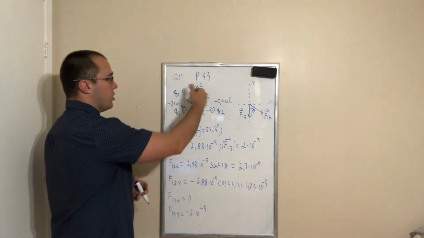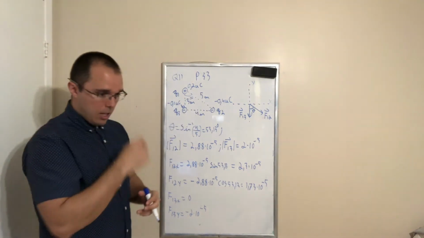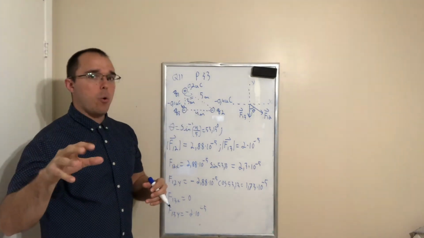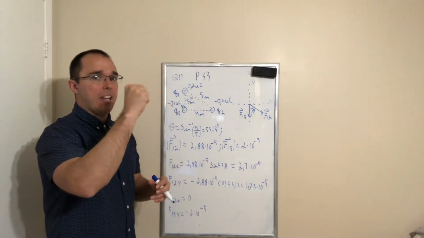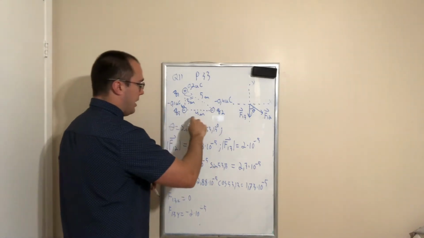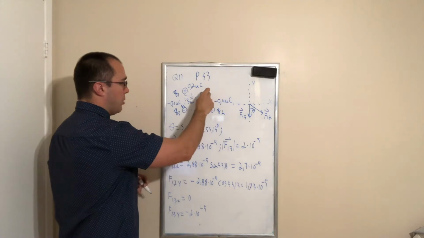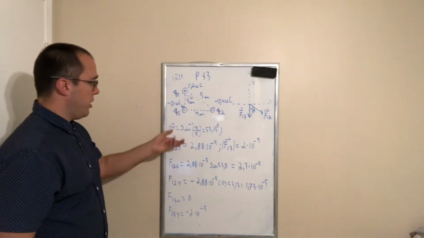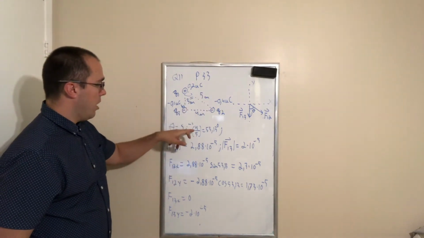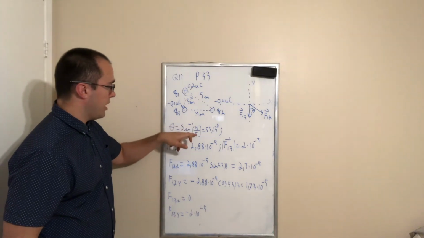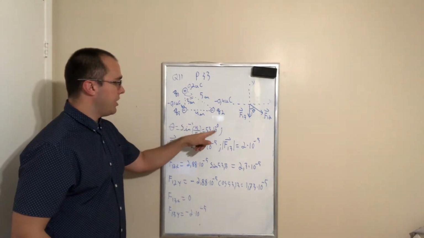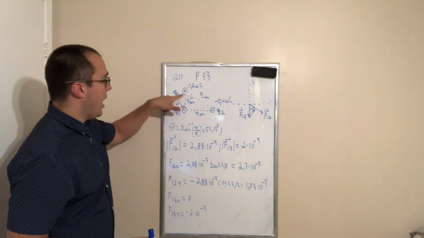We are given the sides of the triangle, and remember that the sine is the ratio between the opposite side and the hypotenuse. The opposite side is 4 meters, the hypotenuse is 5 meters. So if we use the inverse function of sine of 4 divided by 5, we get 53.13 degrees. It is the angle over here.